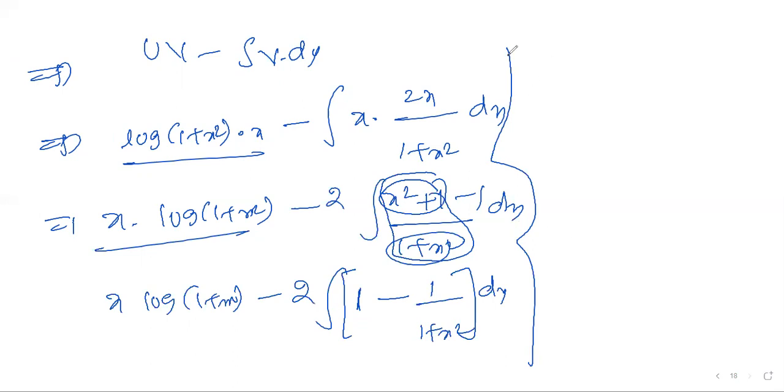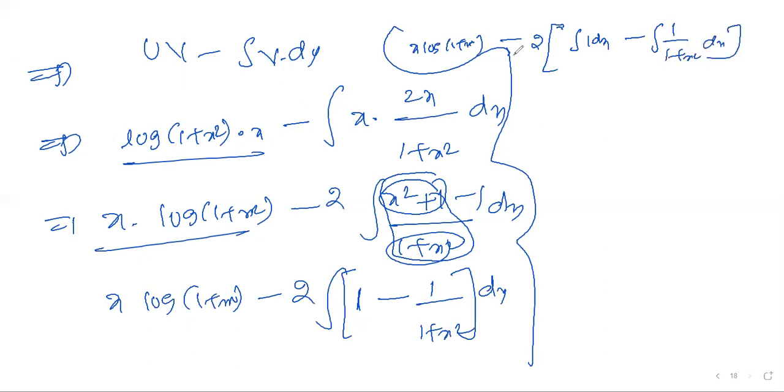Next, the answer is x log of 1 plus x square minus 2 into the integration, which I'll take separately: the integral of 1 dx and the integral of 1 by 1 plus x square dx. Similarly, 2 times the integration of dx is x, and the integration of 1 by 1 plus x square is tan inverse x plus c.